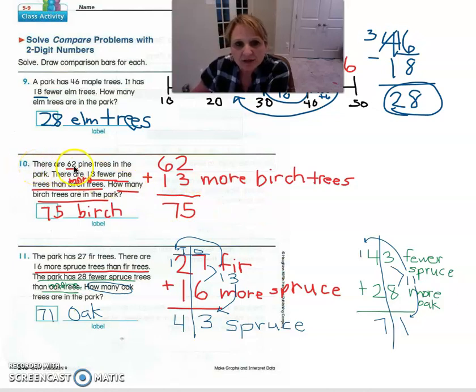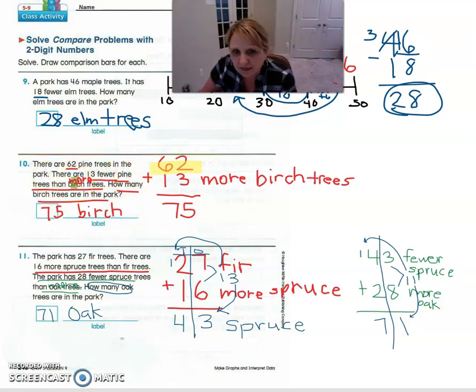It says there are 62 pine trees in the park. Okay, so number 10 says there are 62 pine trees in the park. So I wrote my 62. I think I'll use my highlighter to help show. Okay, let's see. So I wrote my 62. And then it says there are 13 fewer pine trees than birch trees.